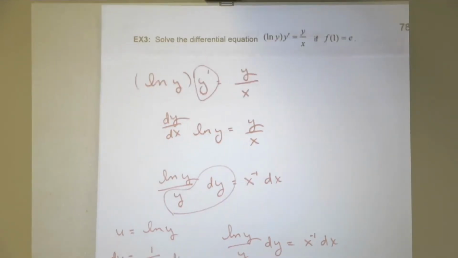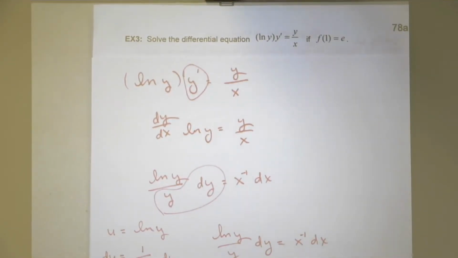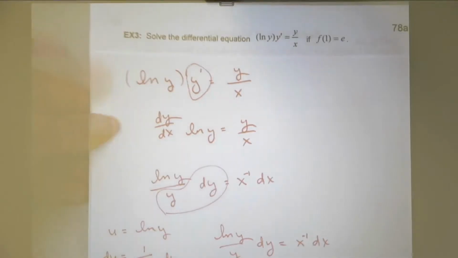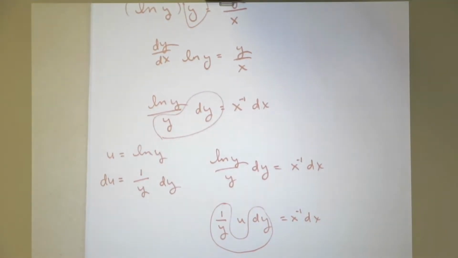All right, let me just review this real quick. Here we go. We were given ln y times the y derivative is y over x. I changed my y derivative to dy dx. That introduces the dx into the equation. I separated, so I've got ln y divided by y dy is x to the negative 1 dx.